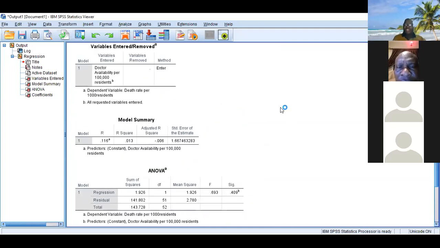We want to know the relative importance of each of them. What is the R square here? It is 0.013, that is 1.3%. So what it's telling you is that hospital availability contributes 1.3% to the death rate.